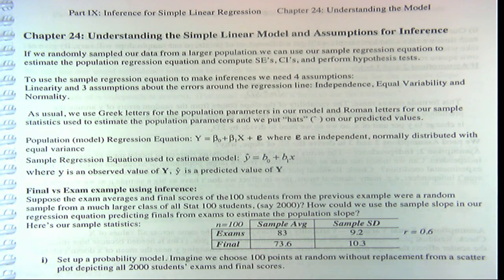Well, then each time we took a sample, we'd get a different regression line. So what we're doing now is we're going to look at confidence intervals and significance tests for the slopes. Just like we did before for our means, now we're going to just do it for slopes. So we're going to use a lot of the same methods, so everything's going to look very familiar. So let's get started with that.